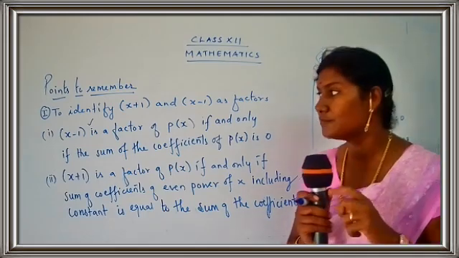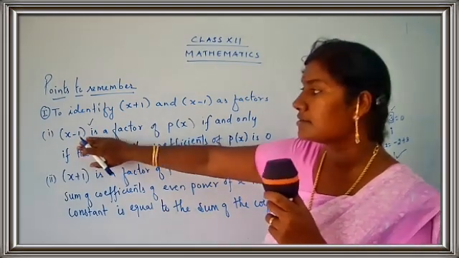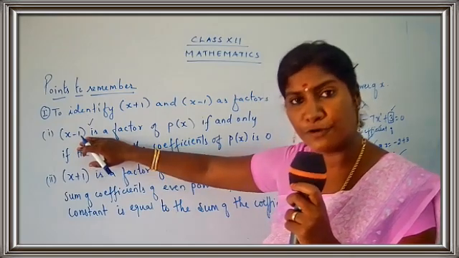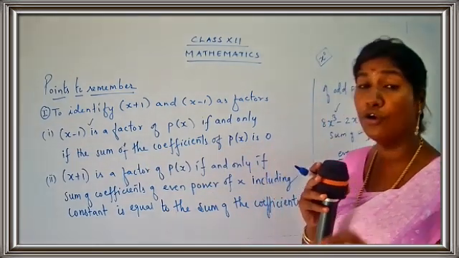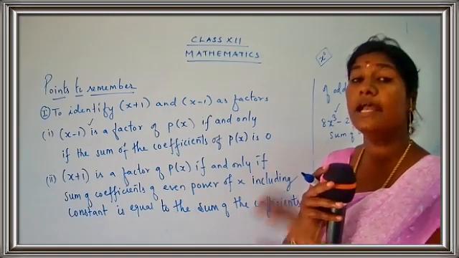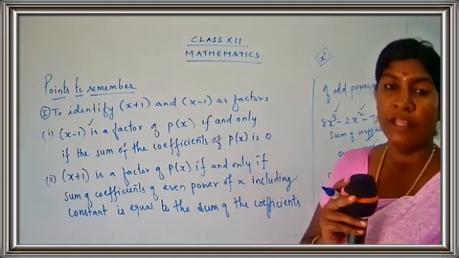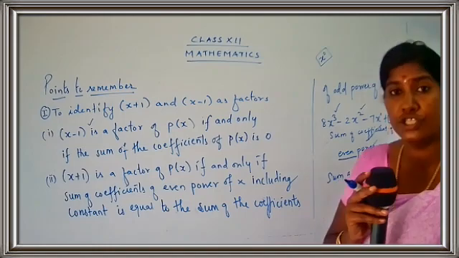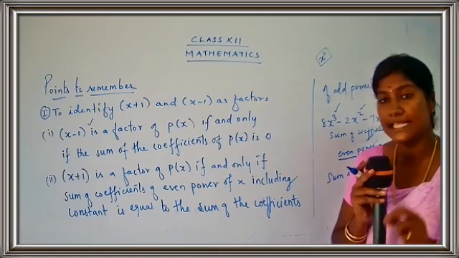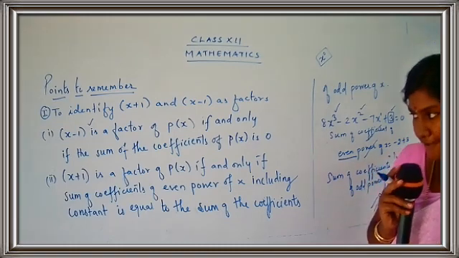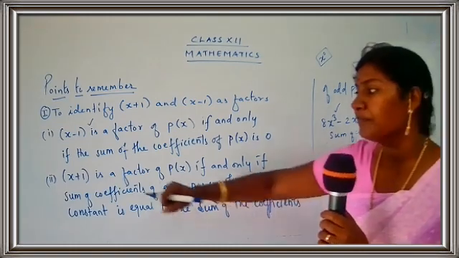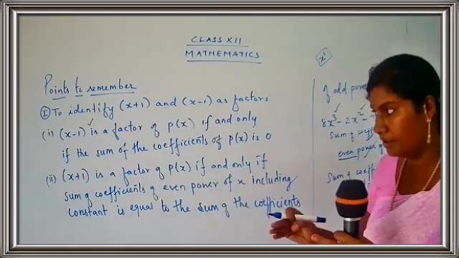Yes. Let us have a small recap again. What is the condition for x minus 1 to be a factor? X minus 1 will be a factor if you add all the coefficients and you get the answer as 0. If you get the sum of all the coefficients to be 0, you say that x minus 1 is a factor. Done. Let us go for x plus 1 as a factor. For checking x plus 1 is a factor, what are you going to do?